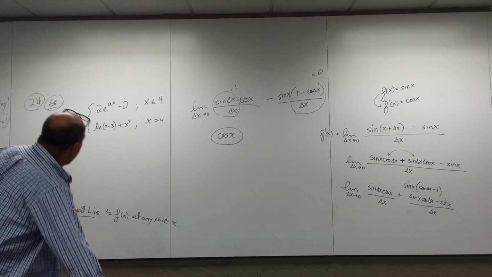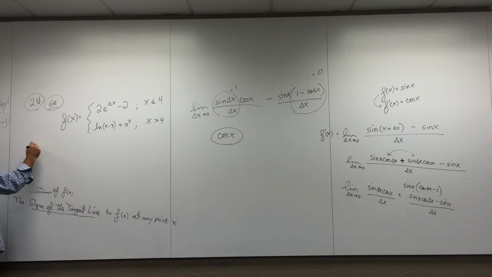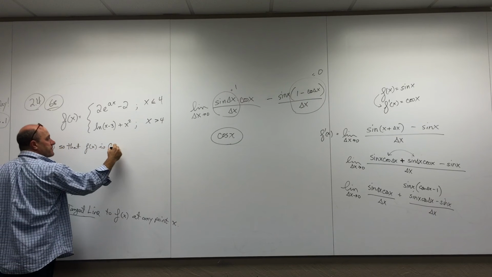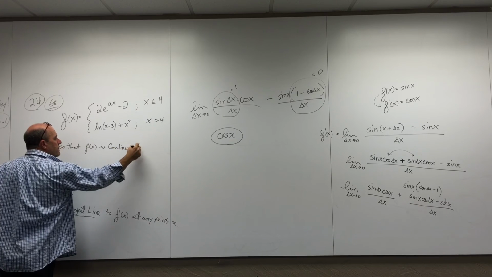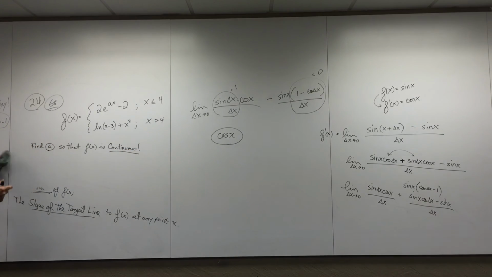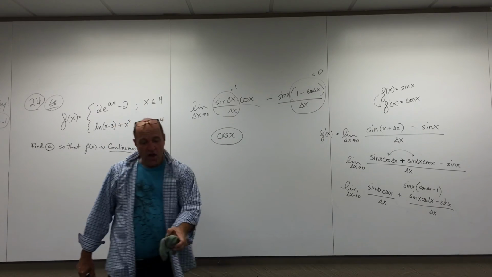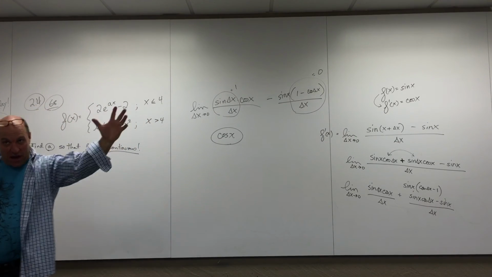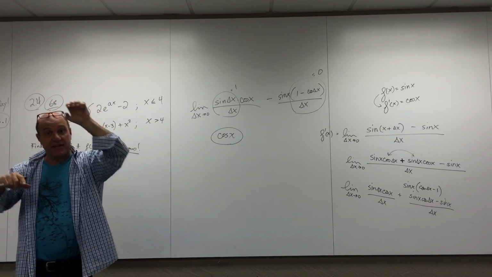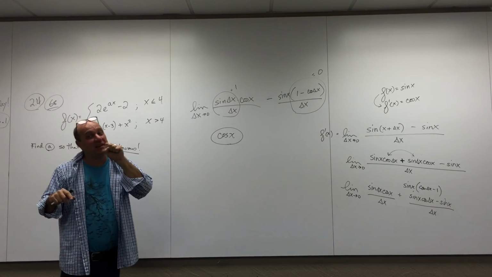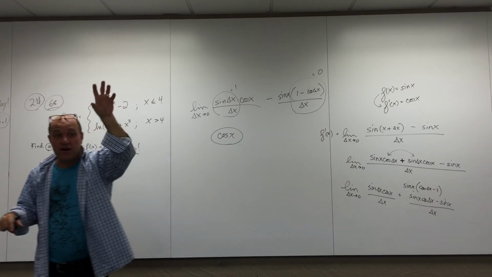The question at the beginning is to find that number a so that this function f of x is continuous. So they want me to find the right number a that would make this continuous. That continuity subject wasn't all that complicated, but the continuity concept did have a three-step definition, and you do need all three steps.